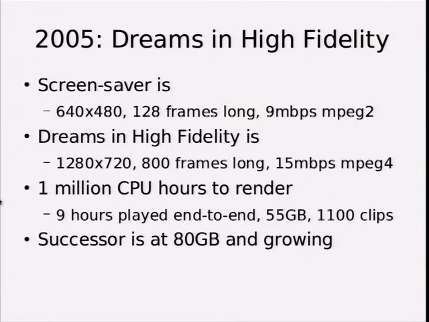But the thing that I showed at the beginning of the talk is 1280 by 720, so it's 3 times as many pixels. Each sheep is, well, it says 800 here, but it's actually 1600, and there are 15 megabit MPEG-2s, or MPEG-4s. So it's a whole lot more data.